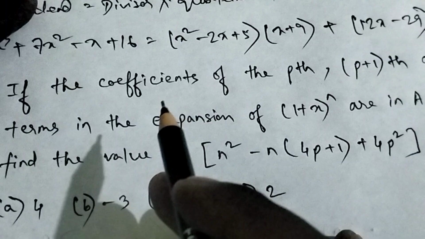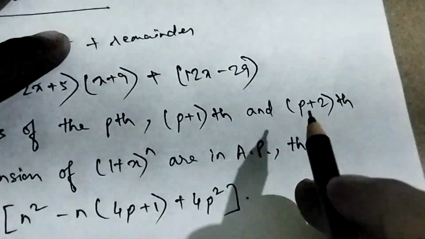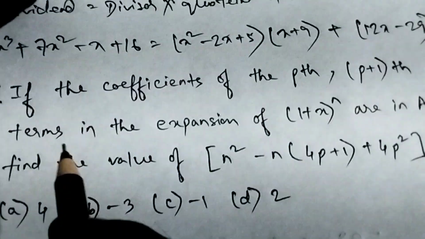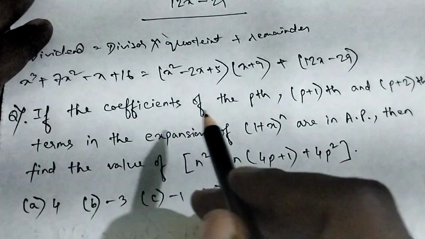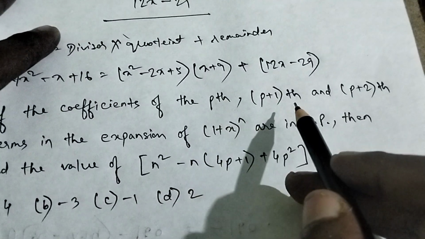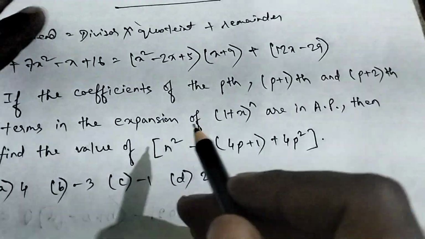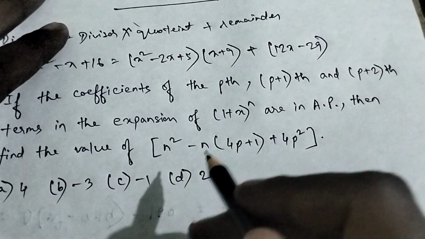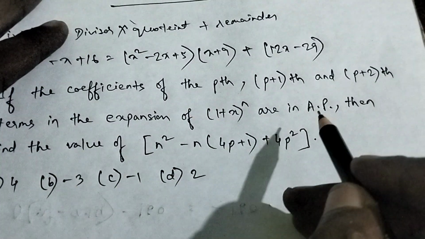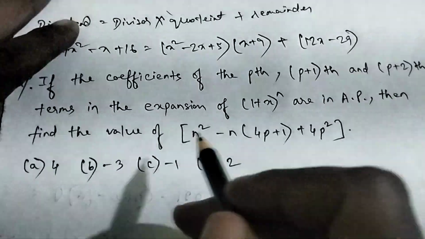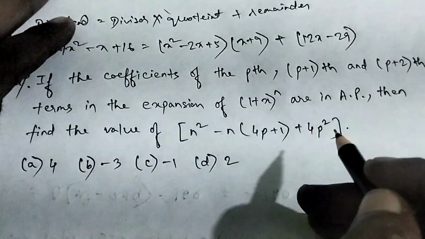If the coefficients of the pth, p plus 1th and p plus 2th terms in the expansion of (1 plus x) to the power n are in AP, meaning arithmetic progression, then find the value of this expression: n square minus n into (4p plus 1) plus 4p square.